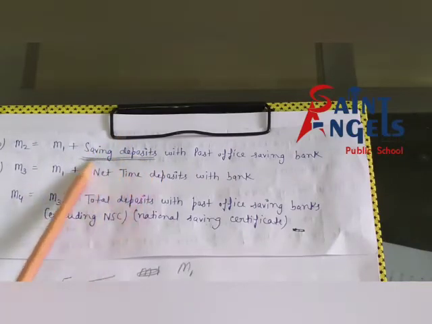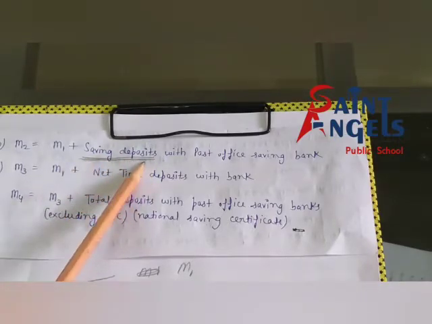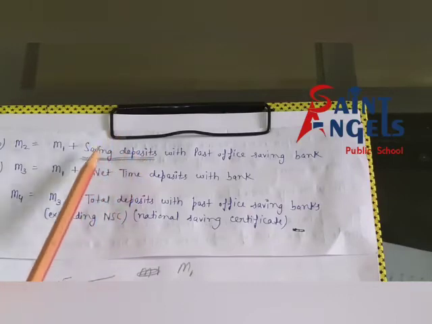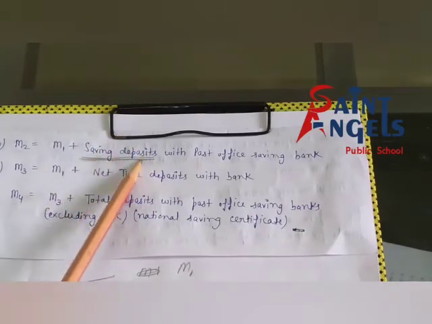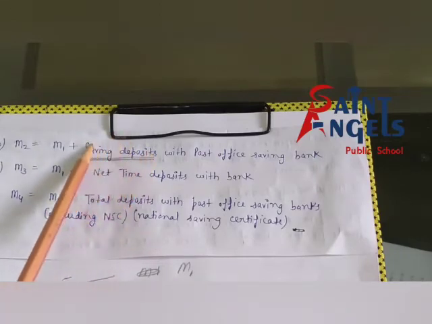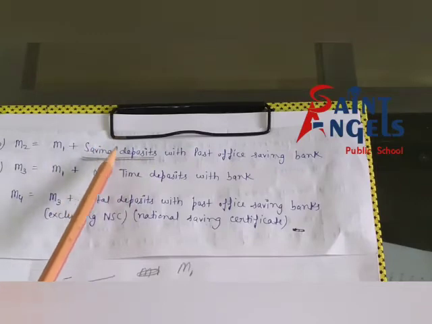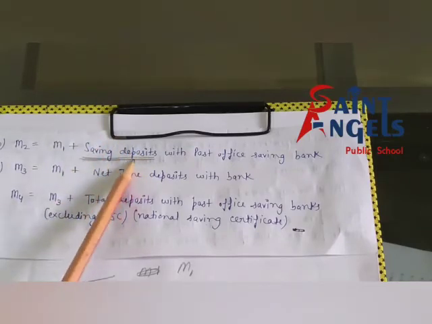I hope the meaning of saving deposit is clear. What is the definition of saving deposits? Saving deposits combine the features of both current account deposit and fixed account deposit, and it has two features, check facility and rate of interest. I hope it is clear.